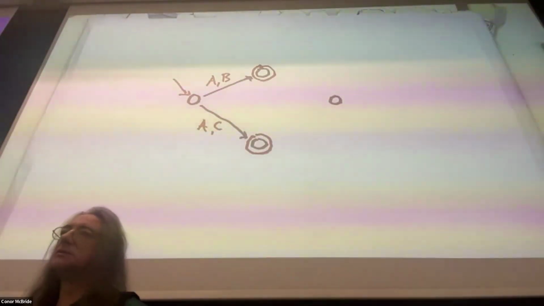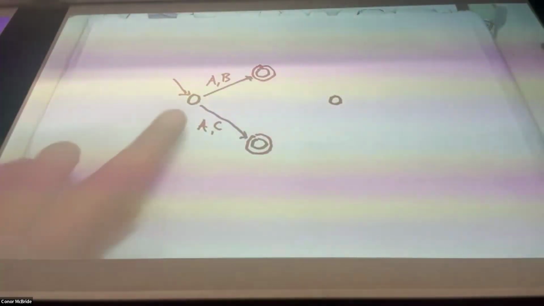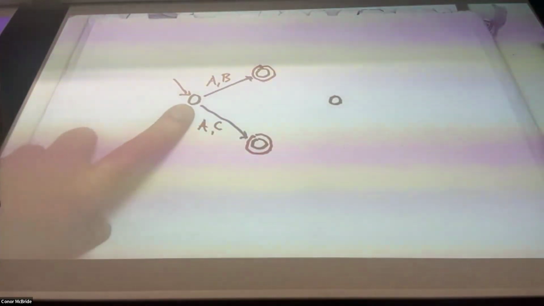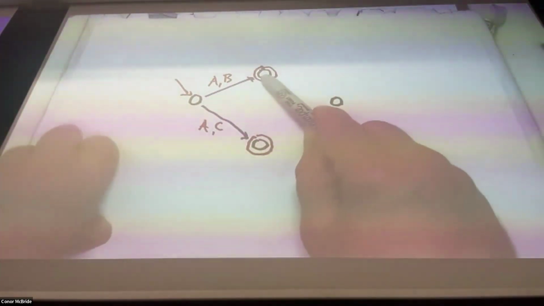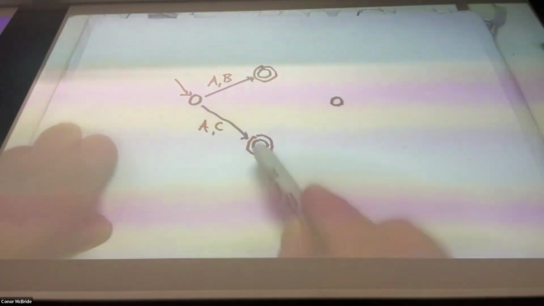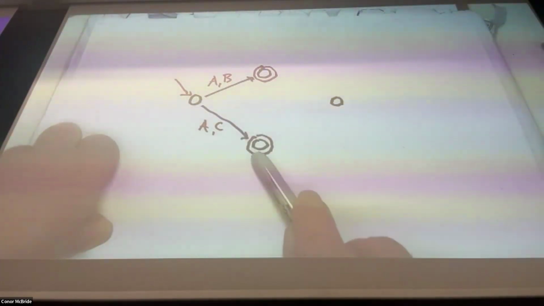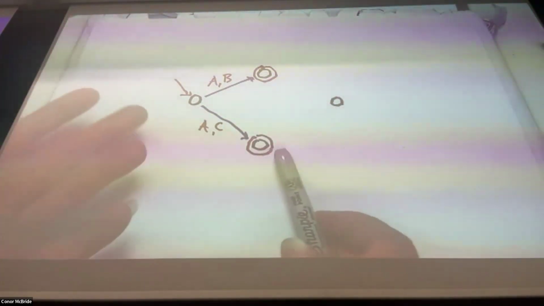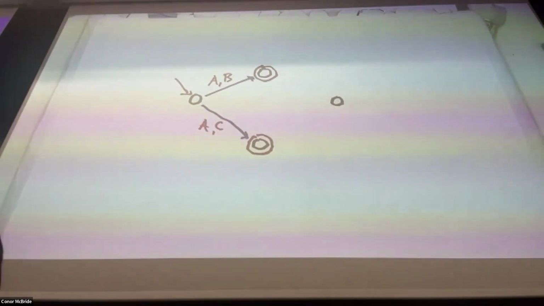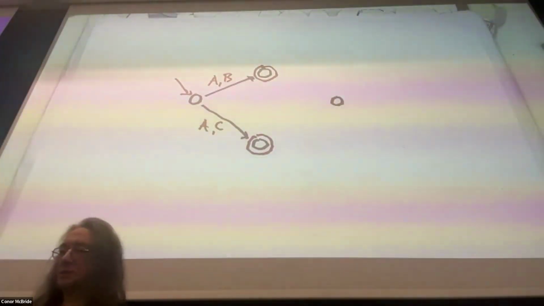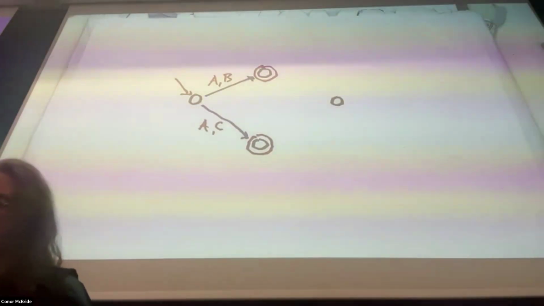It means that if we're in this state and a B comes along, we definitely go here. If a C comes along, we definitely go here. If an A comes along, we might do either. So we're now talking about multiple possibilities.